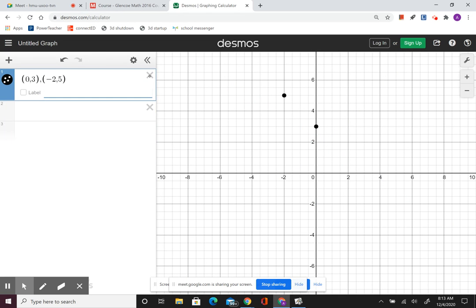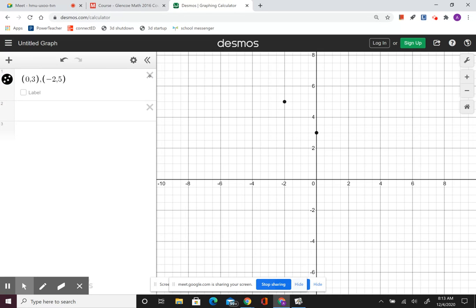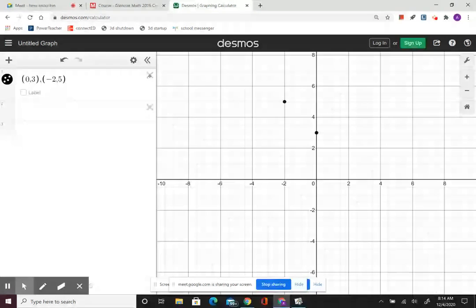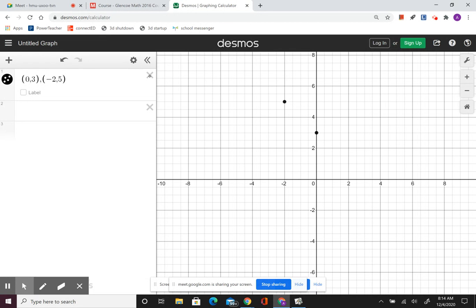Then you can look at how much I have to go down. I have to go down 1, 2 units and over 2 units. So I can see that my slope of my line should come down to 1.